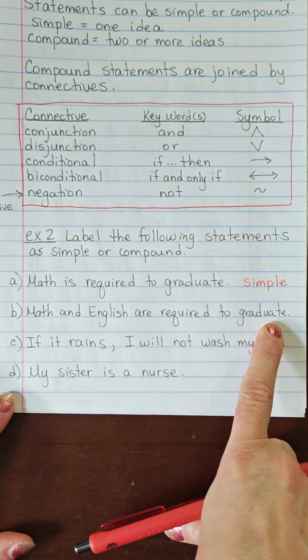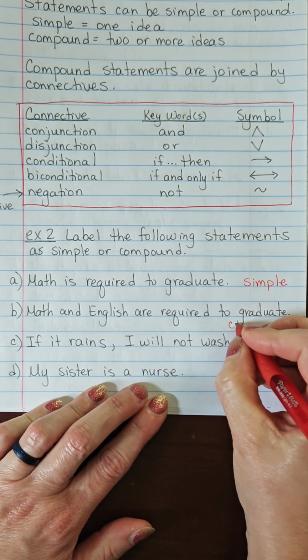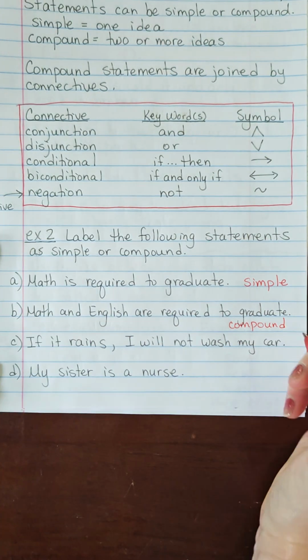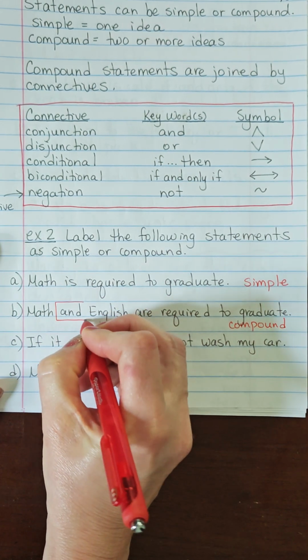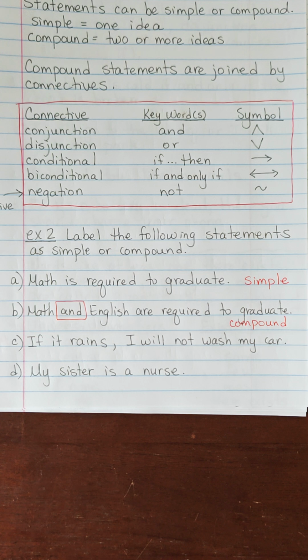This one is a compound statement. This is a compound statement because of that connective right there. Now we have two ideas connected here. We've got this math and English.